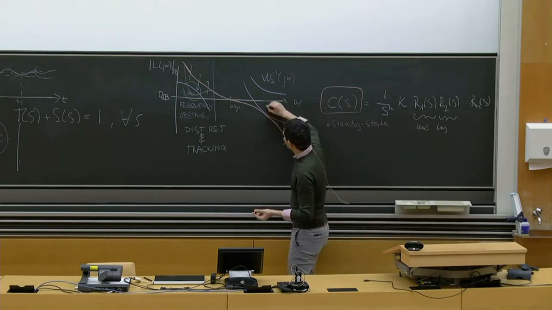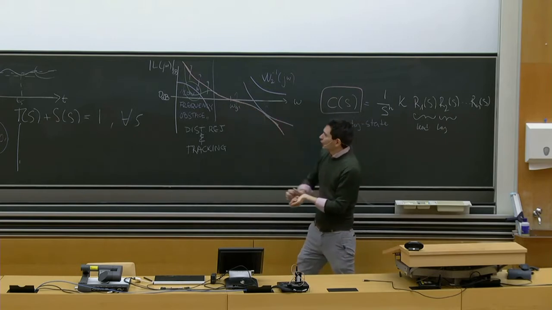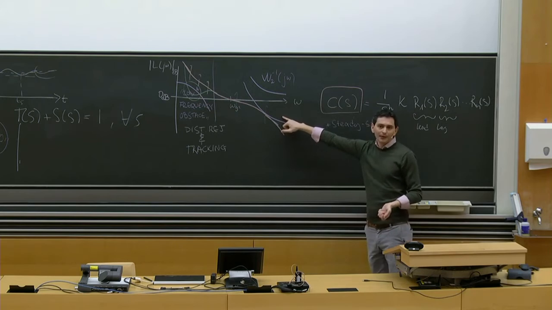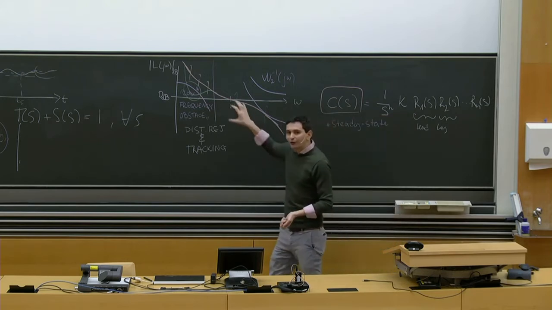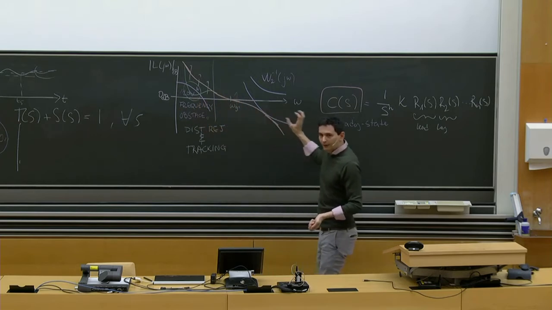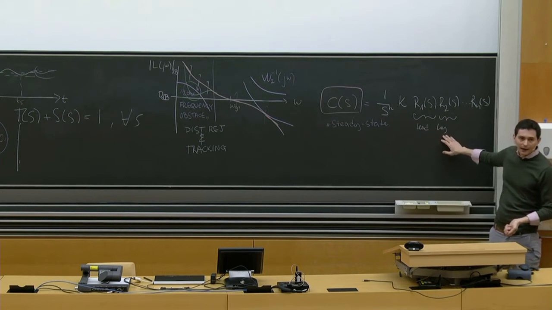But if we do that, well, the whole red curve would go up. So sure, at some point we would fix this problem, but we would even have another bigger problem here. So if you want to deform this red curve only locally in the frequency domain, you can do so by adding lead and lag elements.